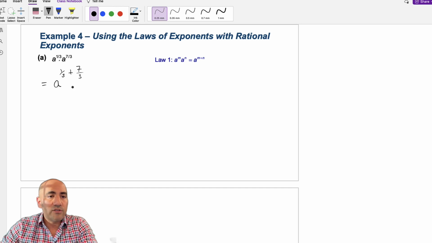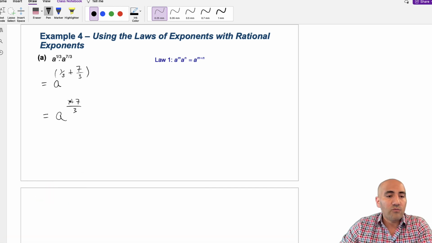Now we have a little addition of fractions happening in the exponent. They already have the same denominator, luckily, so that's a really easy answer. That becomes 1 plus 7 over 3, which becomes a to the 8/3. Good.